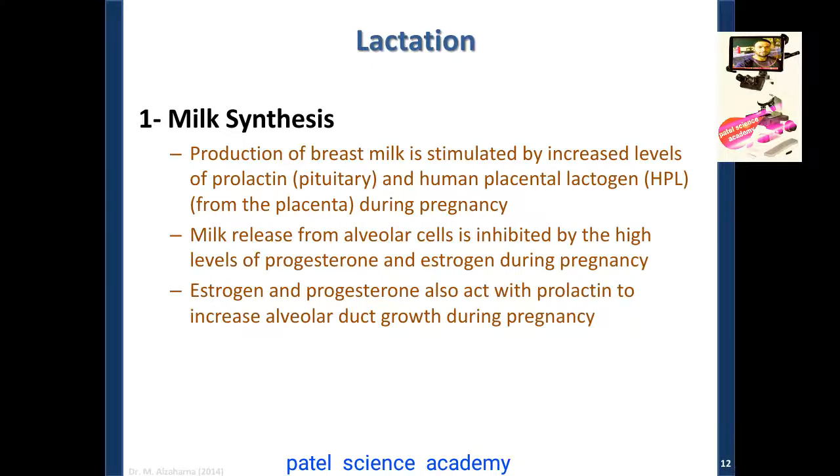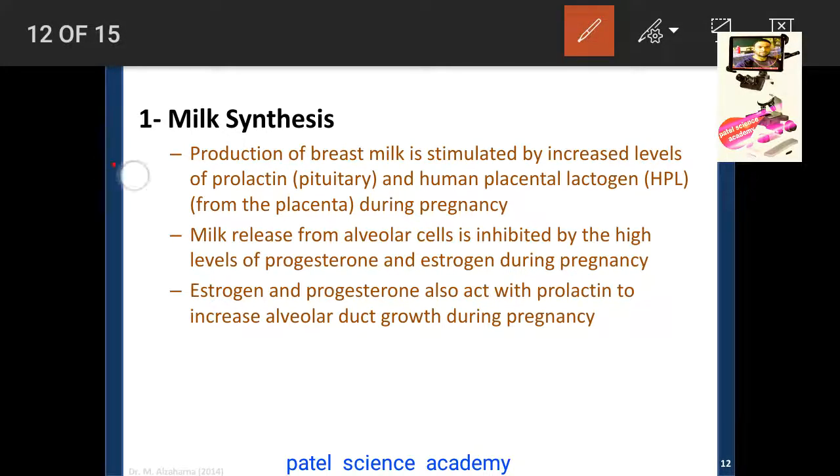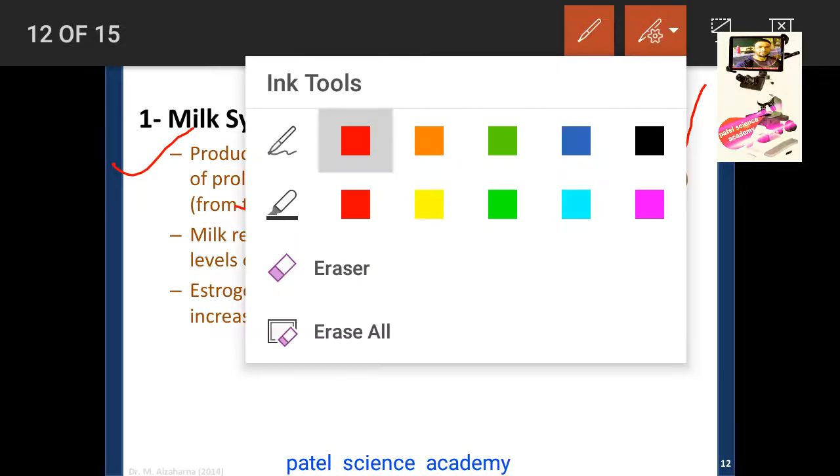Milk synthesis: the production of breast milk is stimulated by the increased level of the hormone prolactin, which is secreted by the pituitary gland, and the HPL, that is the human placental lactogen from the placenta. So you can see here, from the pituitary gland and from the placenta, different hormones are released during the pregnancy stage.